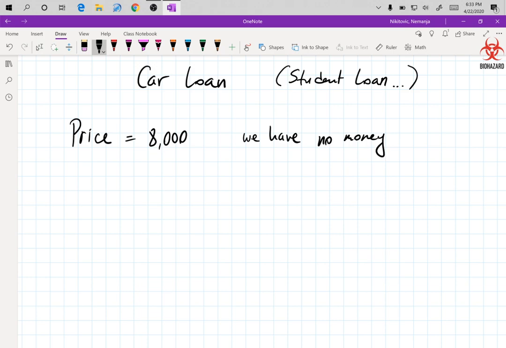But we want to buy the $8,000 car. Now, $8,000 that you see online is the price that they don't want to negotiate, right? They say our absolutely lowest prices are listed online, so we cannot negotiate that price down. So take it or leave it.